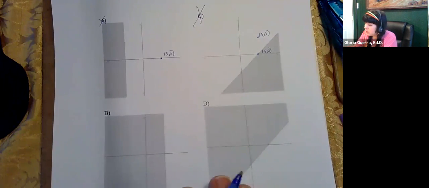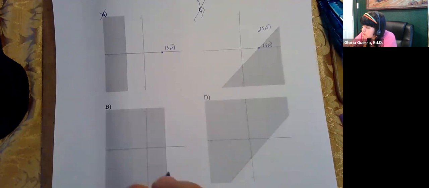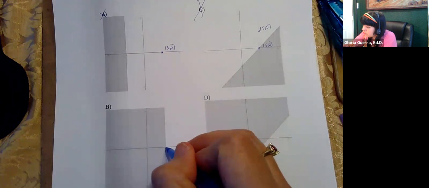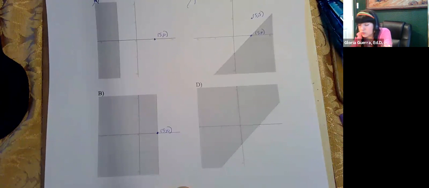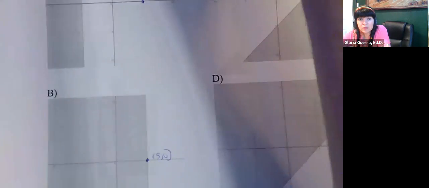Because look at these. So it's like a B. So 5, 0. Go to the right 5 and then stay. Okay, so that looks promising. Where's this one? 5, 0. Let's see this.